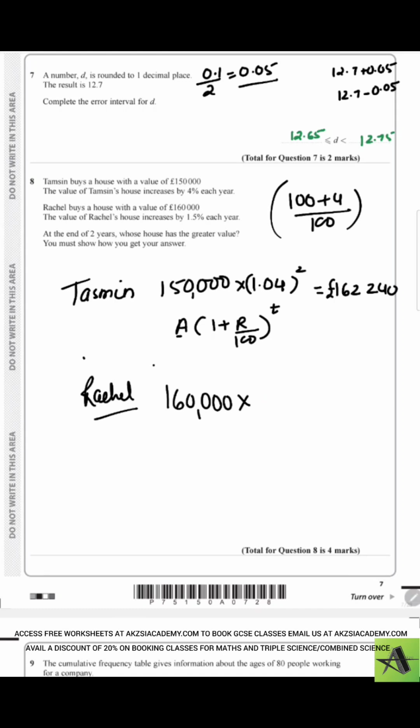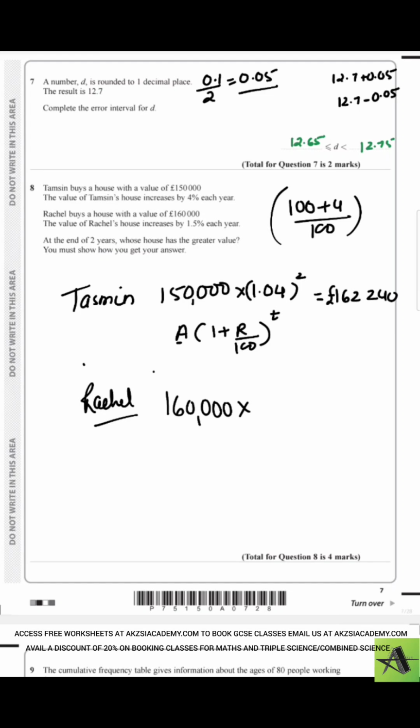So it's 160,000 times 1.015 whole squared. If I solve it, it will give me 164,834. Clearly you can see it's Rachel's house whose value will be greater after 2 years. So it's Rachel's.